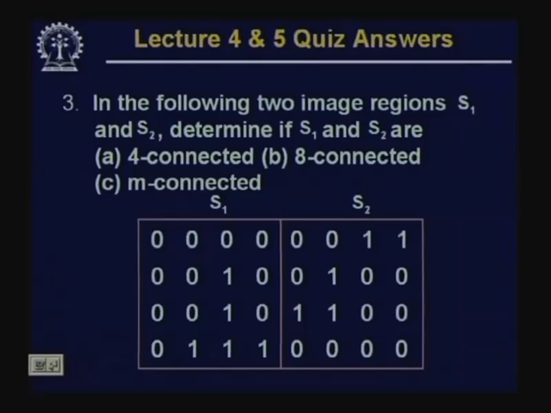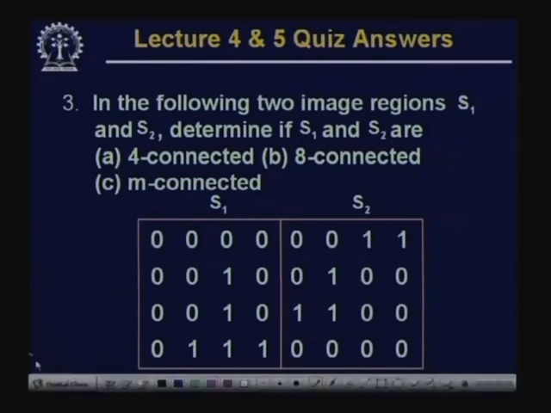In this particular case, you find that there is no point in S1 which is 4 connected with a point in S2, and similarly there is no point in S2 which is 4 connected to a point in S1. So, S1 and S2 cannot be 4 connected.